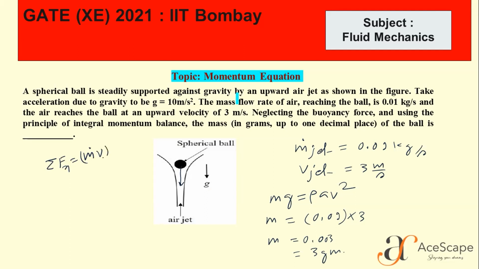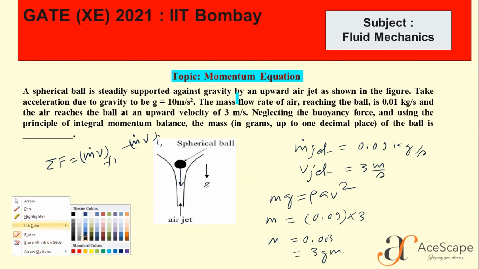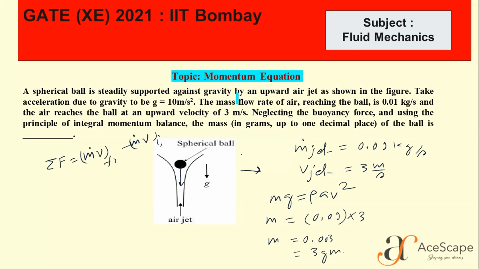Mass flow rate into velocity final in x direction minus mass flow rate into velocity initial in x direction. Now look, initial velocity is there, but there is no final velocity, not in x direction. This is a bit wrong. This is in y direction, right? If I consider this as x direction and this is y direction, then I can write it's y.